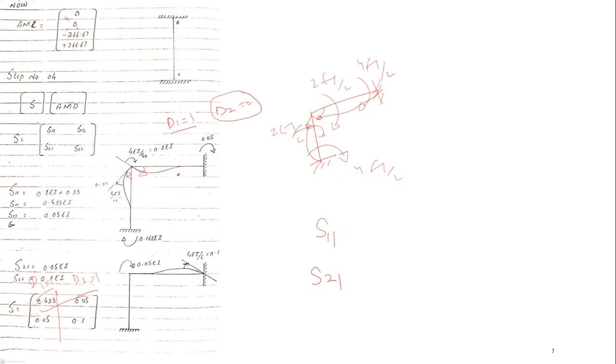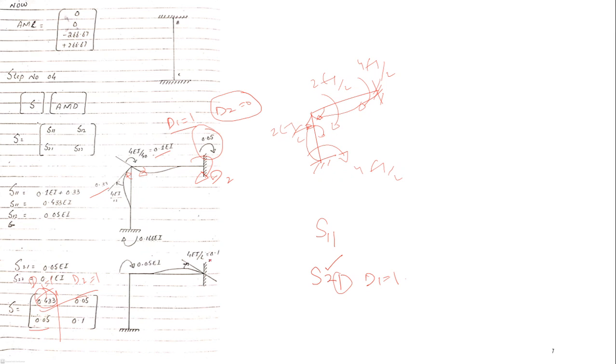Now S11 would be, if this is D1, the summation of this 0.1 and this 0.33. That's why it is 0.433. And S21, that is the point where D2 has been taken, corresponding to D1 equal to 1. It means this figure. At this point D2 was taken and it's 0.05, so it is 0.05.